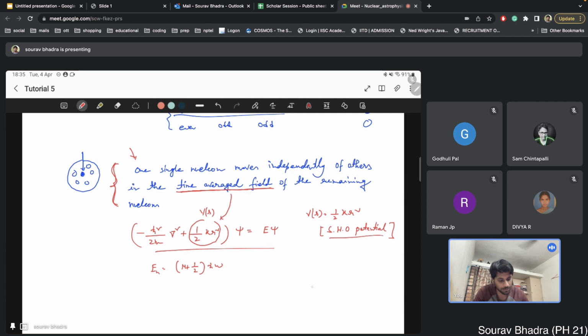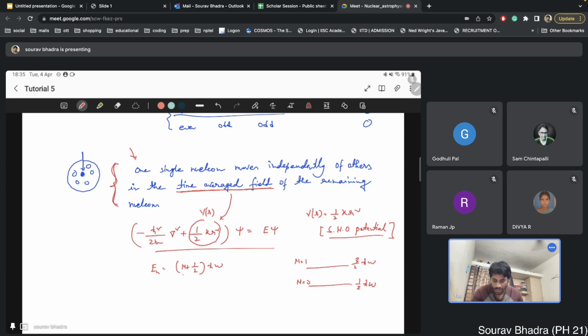So in the simple harmonic oscillator, you know that the lowest state has half h cut omega energy, then that will be 3 by 2 h cut omega energy, depending on the value. If n equals 0, that means half h cut omega, n equals 1, that means 3 by 2 h cut omega energy. This type of understanding can also be applicable for that particular single nucleon which is inside the time averaged field of the other remaining nucleons.